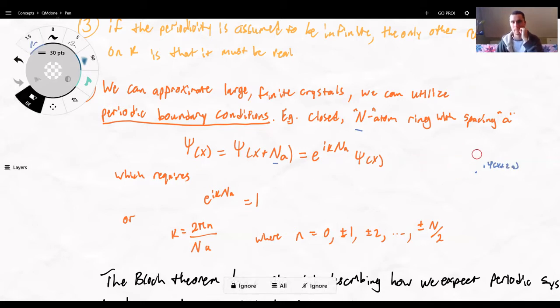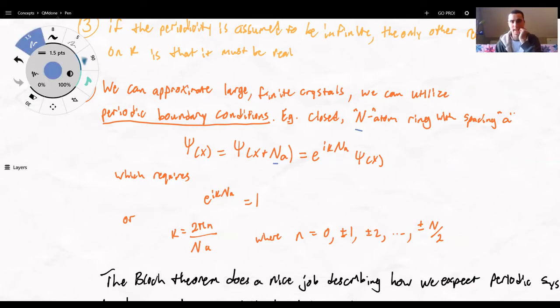So what we're doing there is stating that the wave function at some given point is going to be equal to the wave function at some other given point that's a multiple of n times a away.